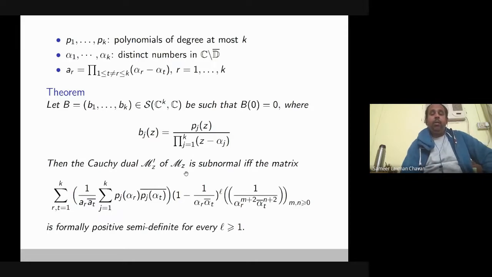The subnormality of the co-shift of M_z on the finite rank Dirichlet space can be characterized as the positive semi-definiteness of this matrix. You will see that this is an infinite matrix, which you multiply by some scalars and then take a finite sum.